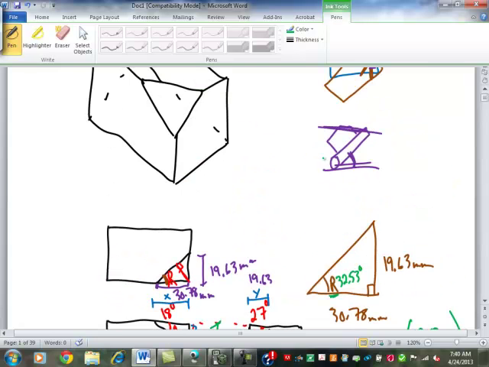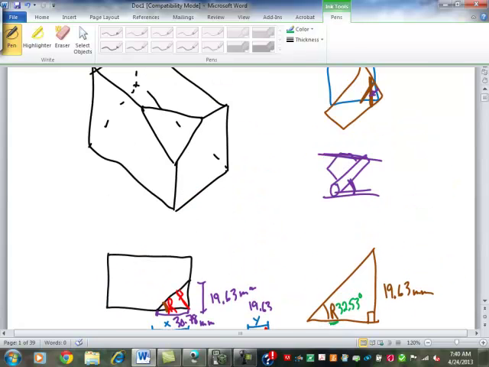So now, as we're looking at this corner here, there's that missing corner that we machined off. R, we found to be this angle right here.